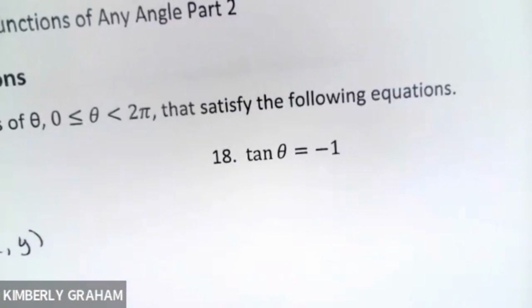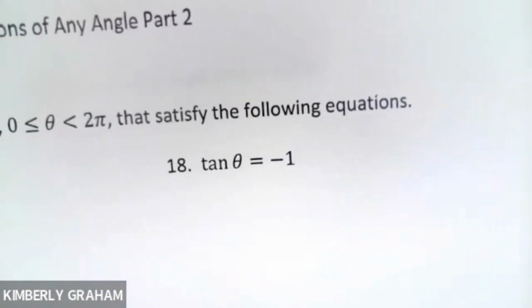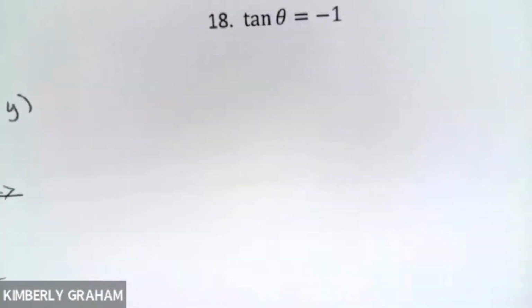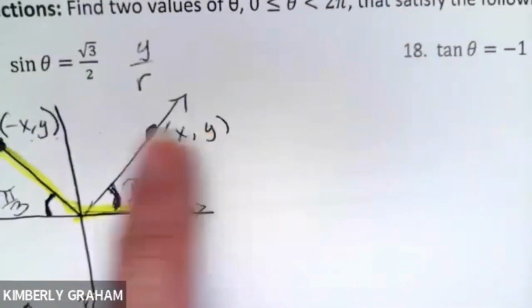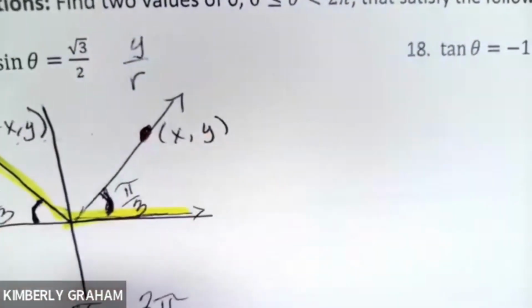On the next problem, I'm going to do this slightly differently. Instead of making my two angles on one grid, I'm going to separate them onto two grids. If I'm looking at the tangent of an angle and I have a negative answer, the point (x, y) has to have one coordinate positive and one negative.